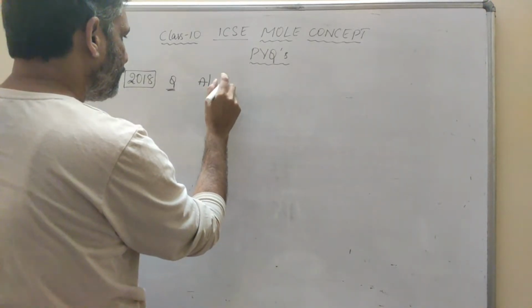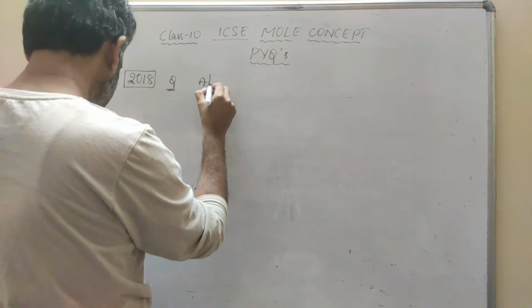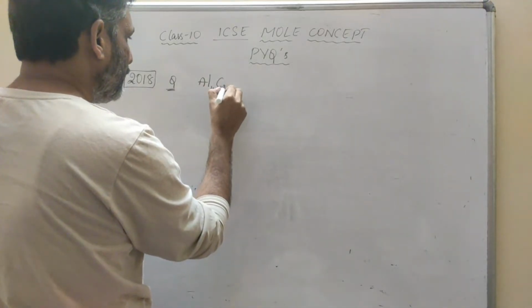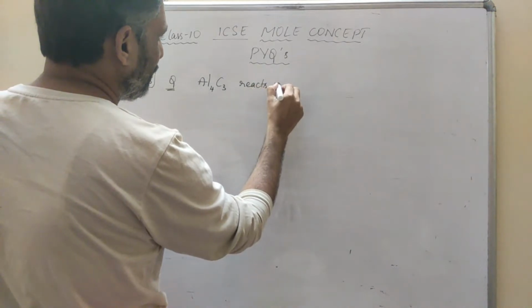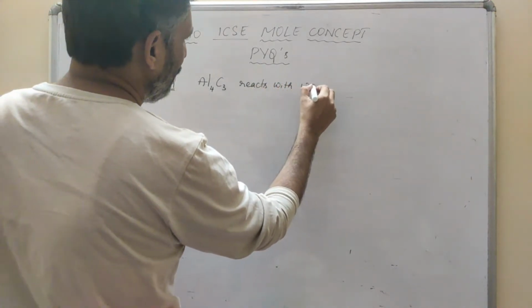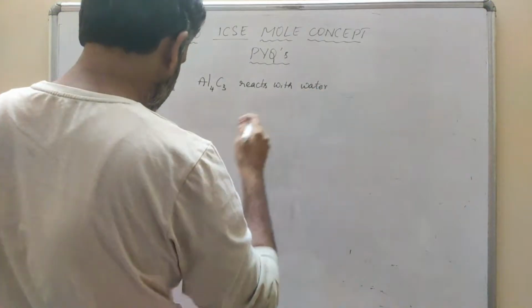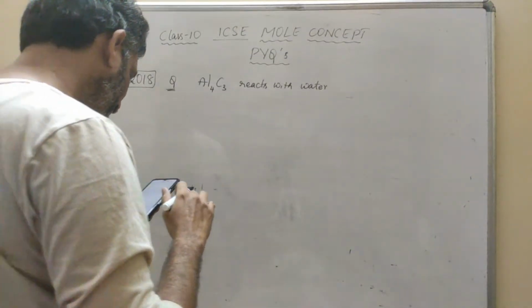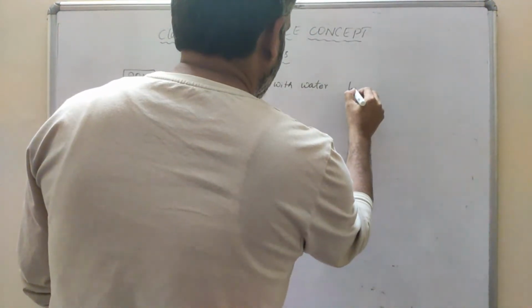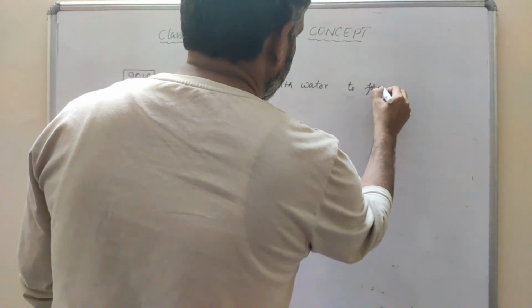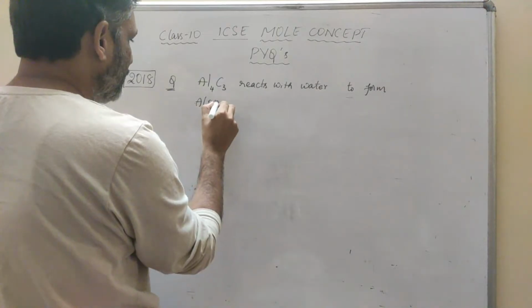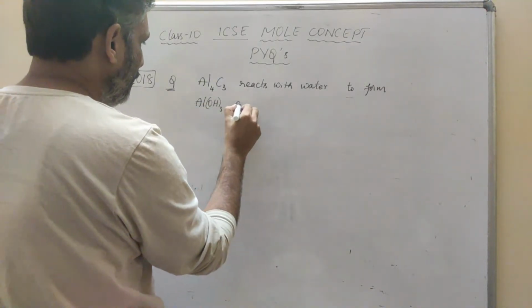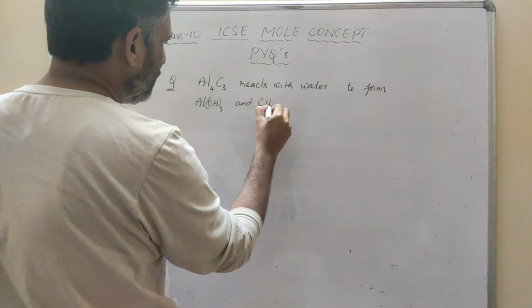Aluminium carbide, Al4C3, reacts with water to form aluminium hydroxide and methane gas.